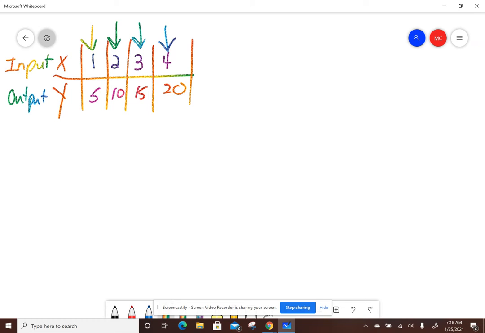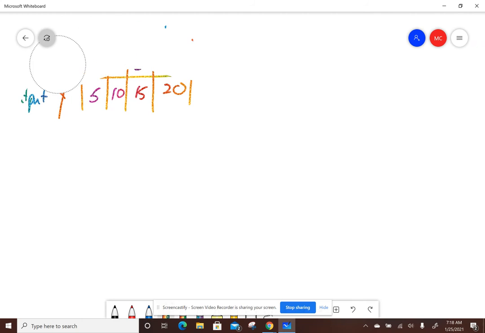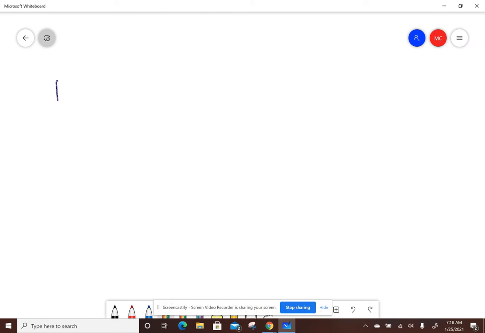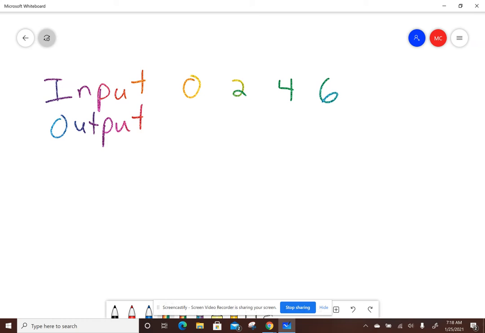Now, when we look at an input-output table, okay, we know that the input is always X and the output is always y. So if you look at the input-output table here, where it talks about hours and temperature, they want you to list the domain and the range.